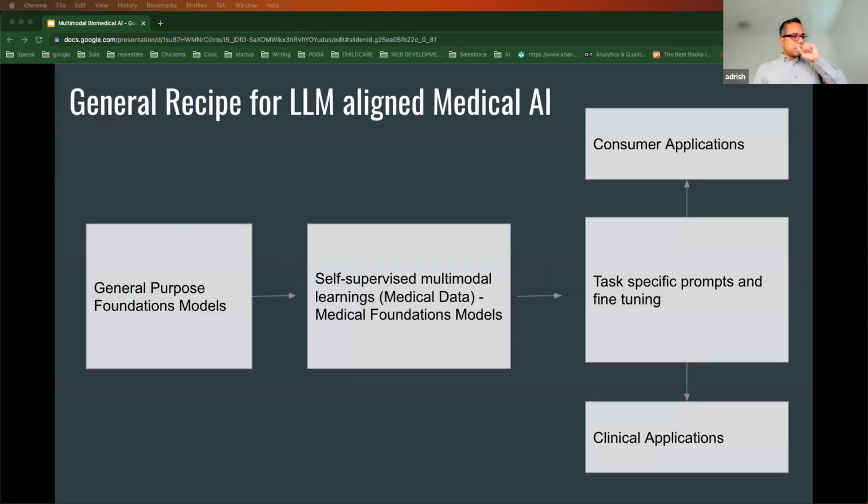So the general recipe is to align multimodal with the concept of an LLM. That means I have a foundation model. It could be a generalized foundation model, let's say like GPT-4 or PaLM and Flamingo and others, where I have either a text model or a vision model or maybe a multimodal foundation model.